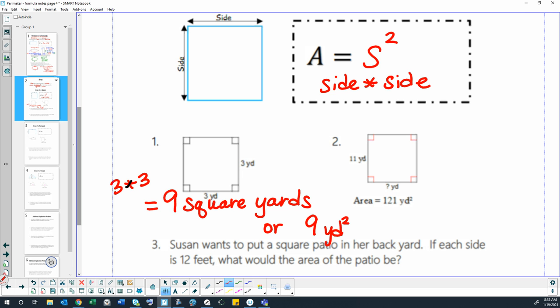So we could do 121 divided by 11 to get the answer. There's an easier way to do this, and that's the fact that it's a square. So if one side is 11, what's the other side going to be? 11, right? They have to be the same.